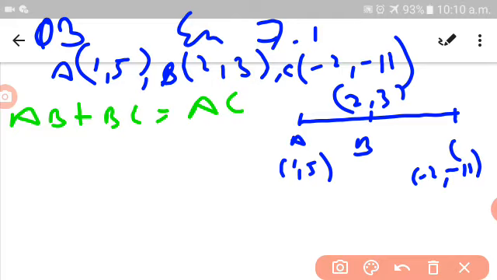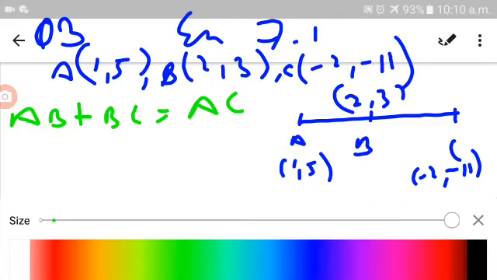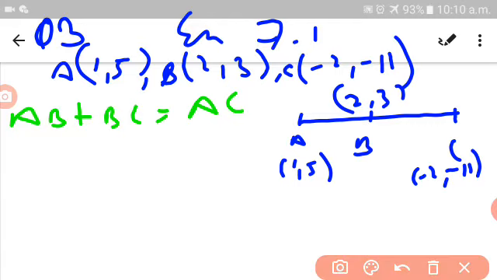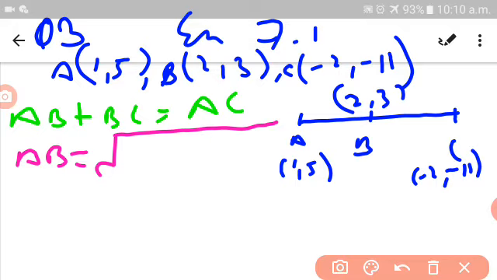First of all we are going to find AB. AB means the distance between point A and point B, that is the square root of (x2 minus x1) whole square plus (y2 minus y1) whole square. Let this be x1, y1, and this be x2, y2.